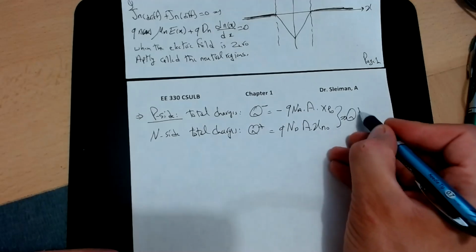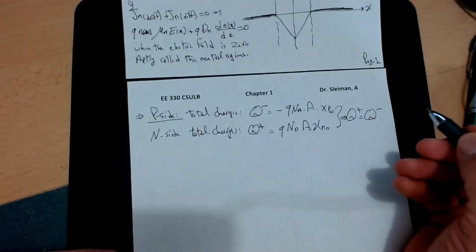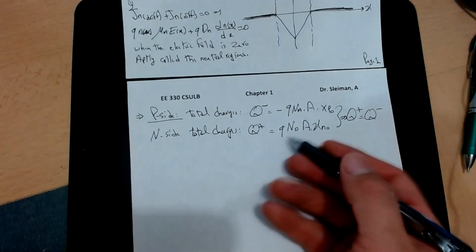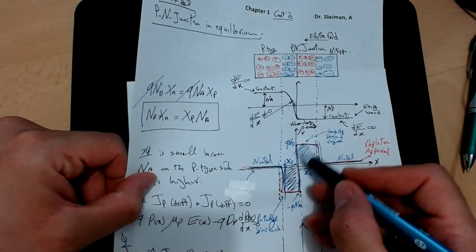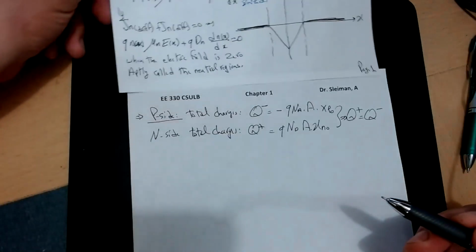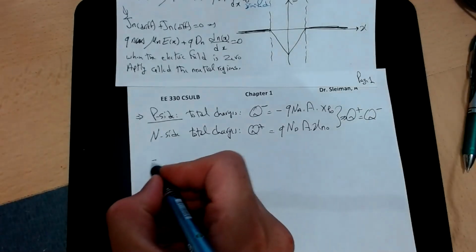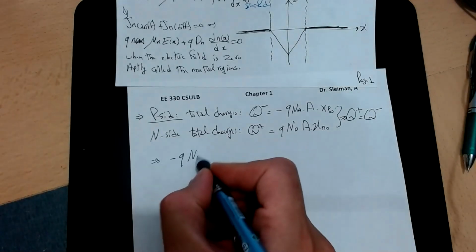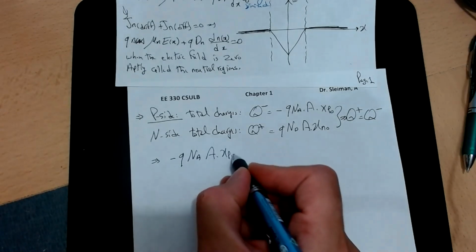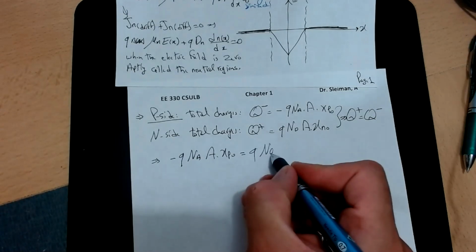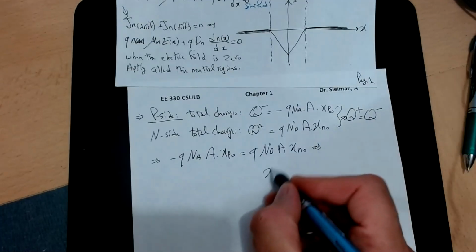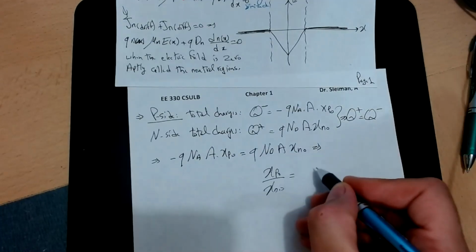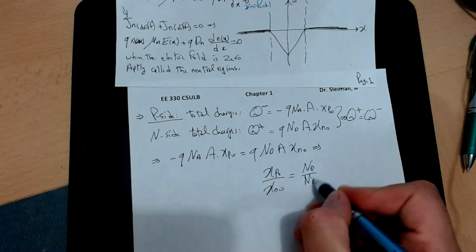That means Q positive is equal to Q negative. So we proved here that the electric charge in this region should be equal to this region. So negative q NA xp0 is equal to q ND xn0. That means xp0 over xn0 is equal to ND divided by NA.